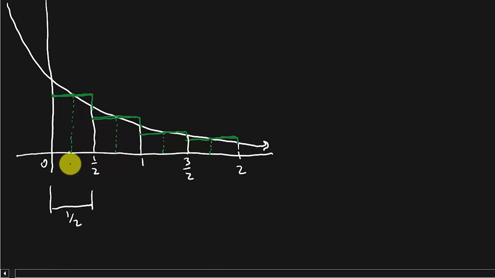So what would this be? Well, it's halfway between these 2 points. That would be 1/4. You see that? And then halfway between these 2 points would be 3/4. And then 5/4. And then 7/4. Now, how do you get those midpoints?